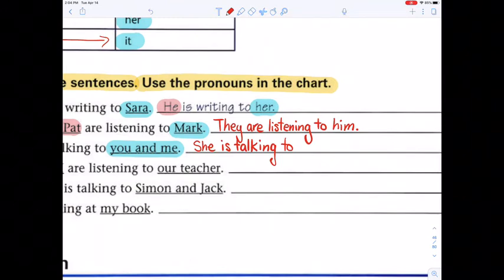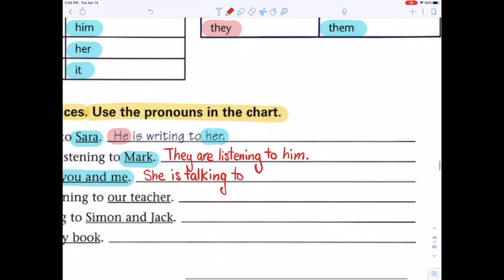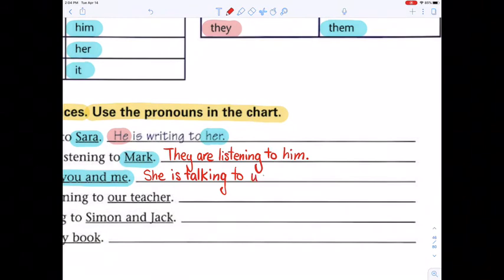So you and me together, 2 people, and it's you and me. So together we can say, is it we or is it us? Which one is an object pronoun, we or us? That's right, us. She is talking to us.